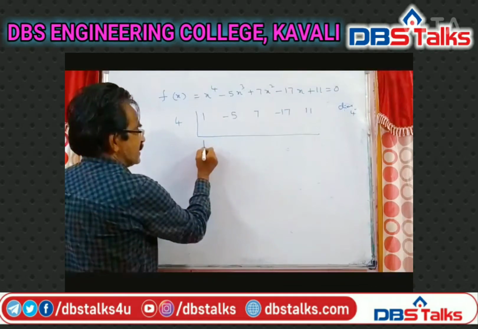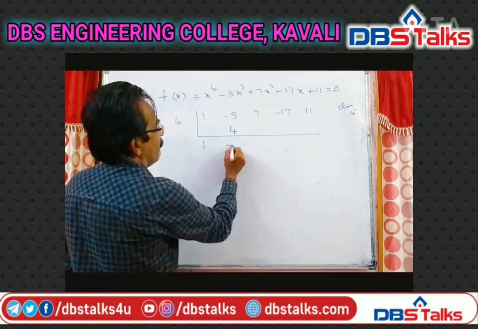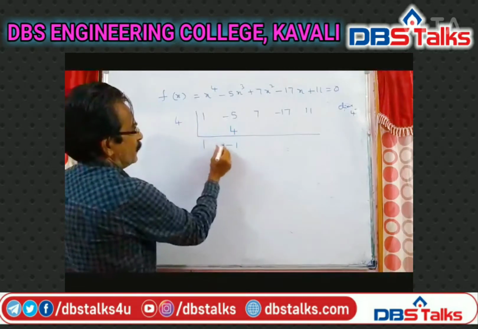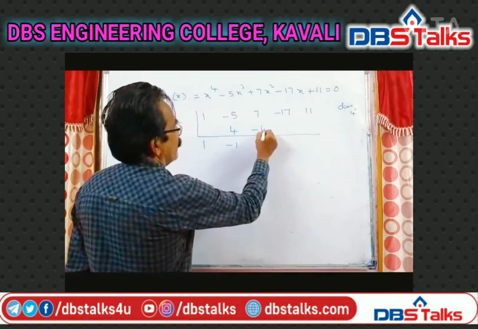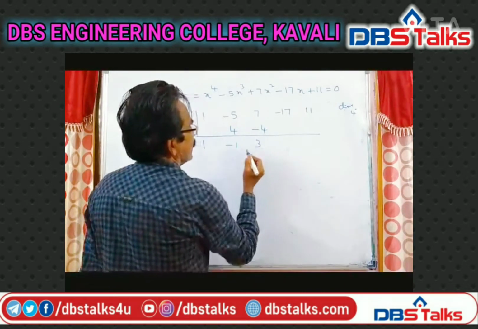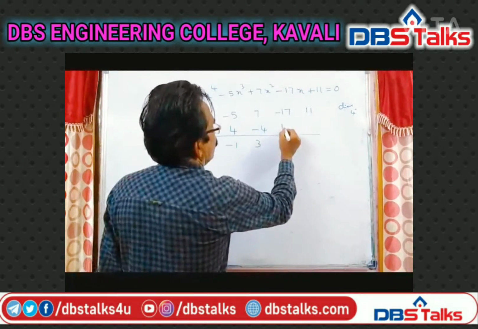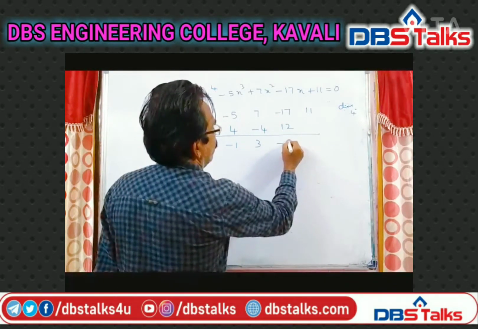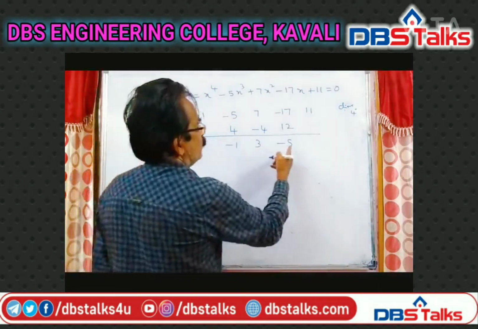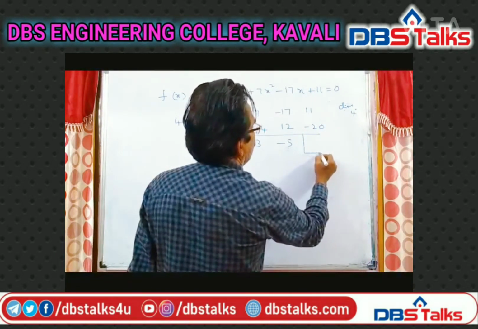1 as it is. 4 into 1, 4. Minus 1. 4 into minus 1, minus 4. 3. 4 into 3, 12. Minus 5. 4 into minus 5, minus 20.